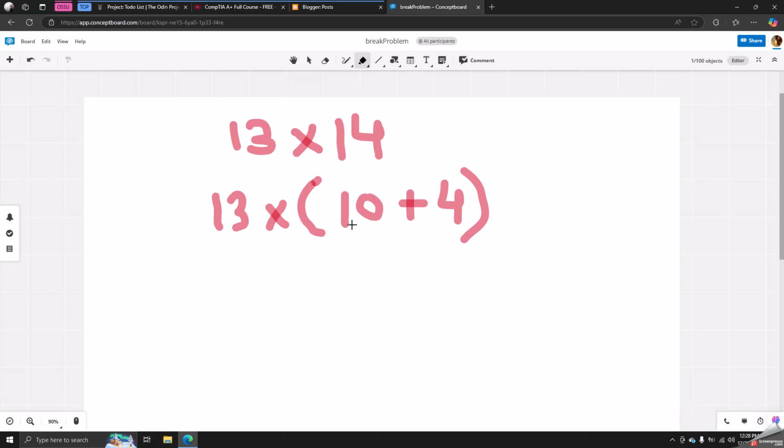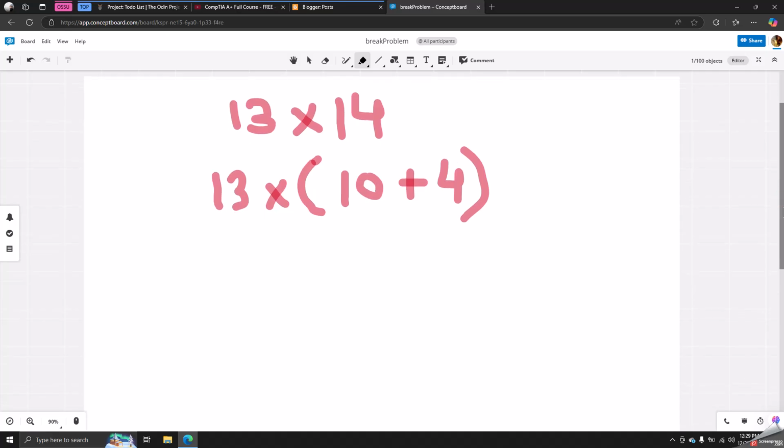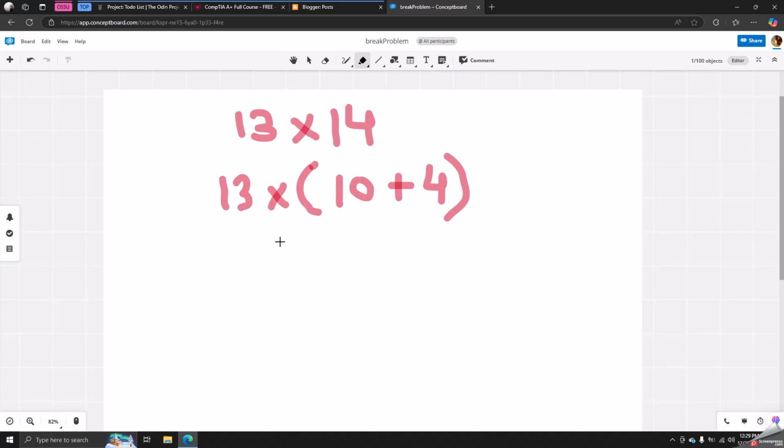So right now what I am doing, I am actually breaking down this problem into smaller chunks and then trying to solve them, right? So now I can actually solve this. What I can do is go to the next step, and that is 13 times 10, right, plus 13 times 4, right?